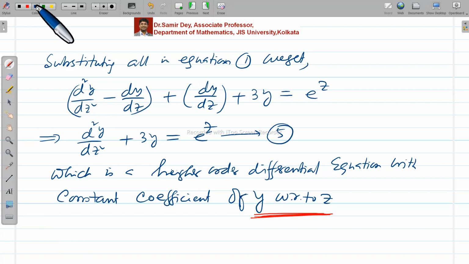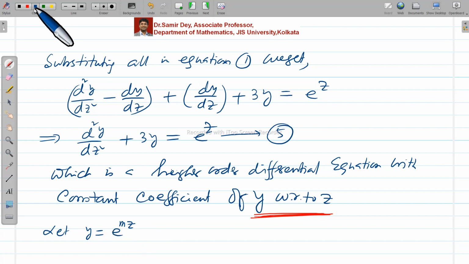Now suppose you want to calculate the CF, then what will be the first line? Please write down, let y is equal to e to the power, what will be the expression? Anyone? Yes, e to the power mx. No, no, there is no x, my dear student. It is y is equal to e to the power mz.